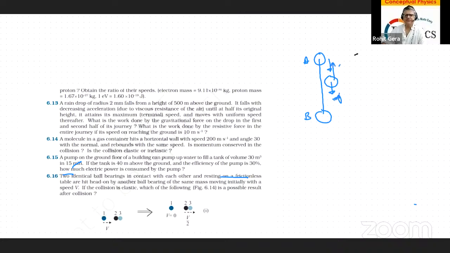In fluids, the friction is called viscous friction. So there is a frictional force. So wastage is happening here, okay?